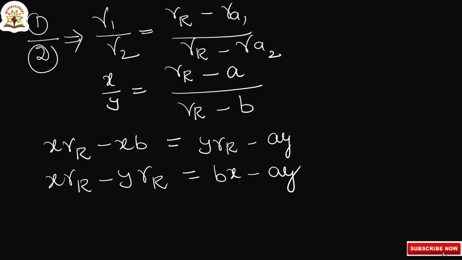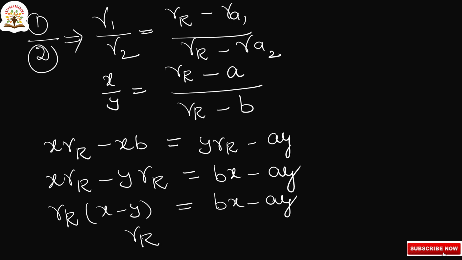So here we are taking gamma r common, x minus y is equals to bx minus a y. So gamma r is equals to bx minus a y by x minus y. This is the final answer. Okay. Next we will go to the next question.